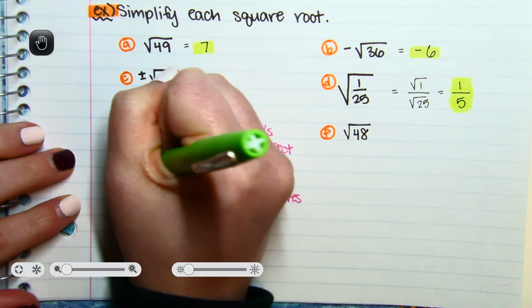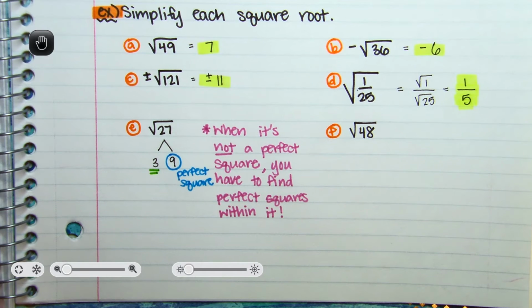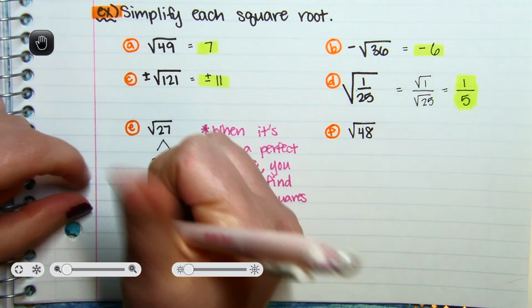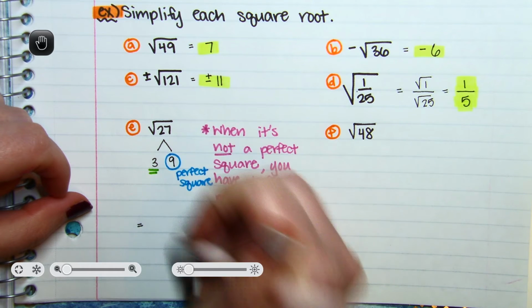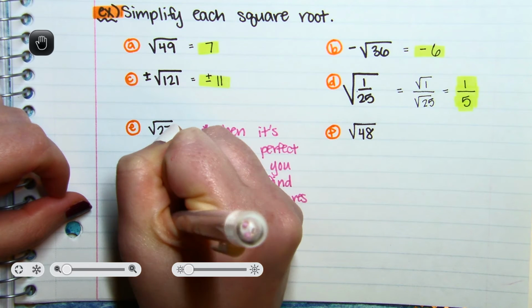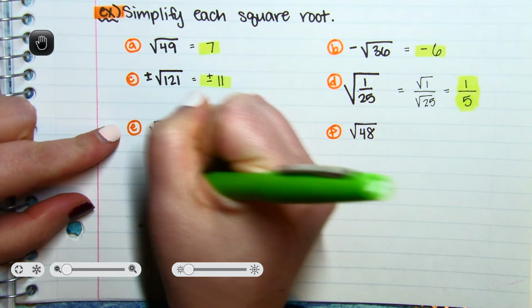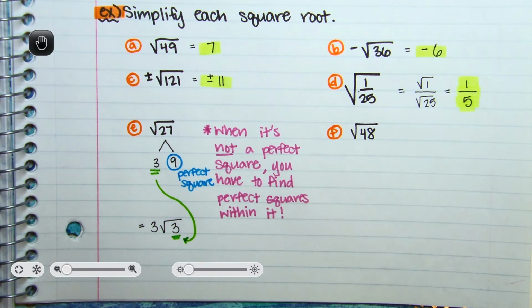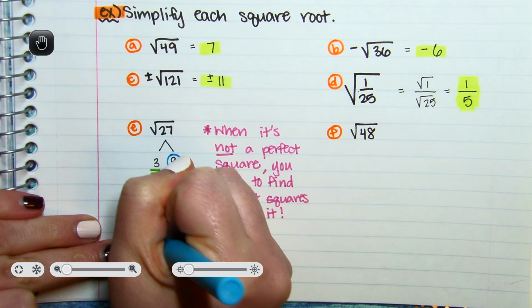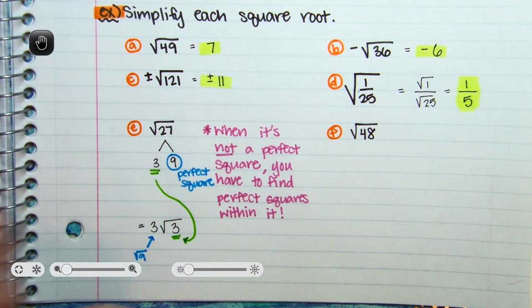And then this 3 is left over. So when I write my answer for this, the square root of 9 is 3. And then what's left underneath the radical is the 3. And then this 3 that's out in front was the square root of 9.